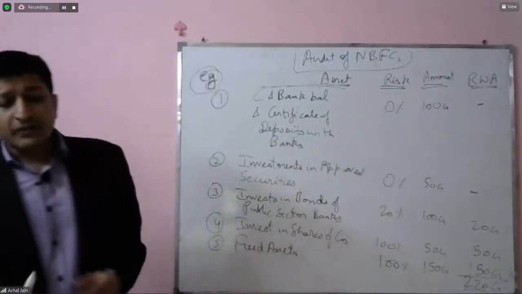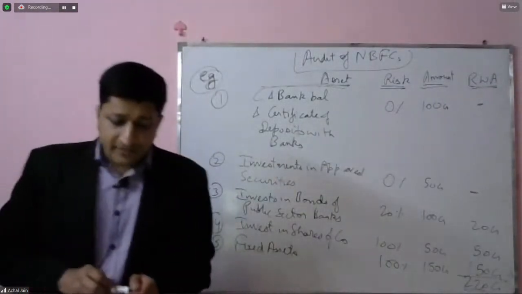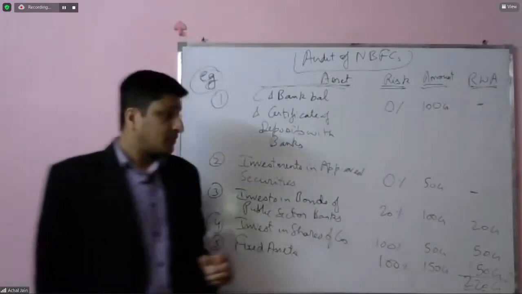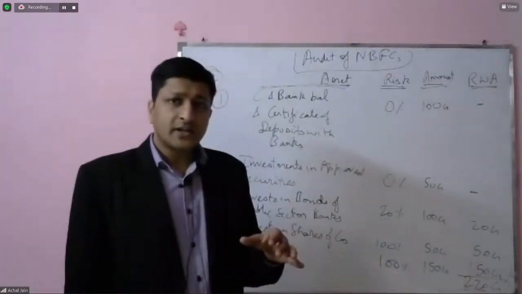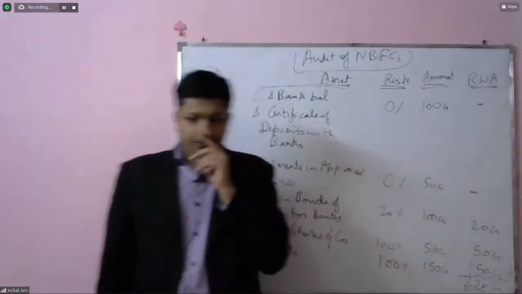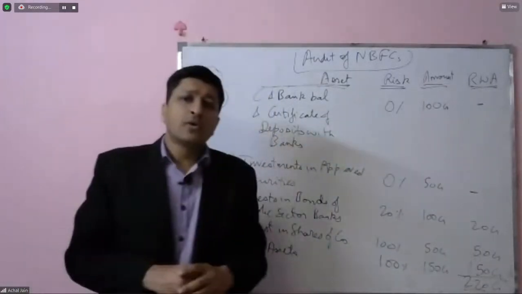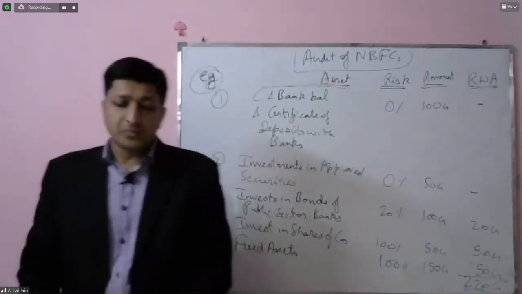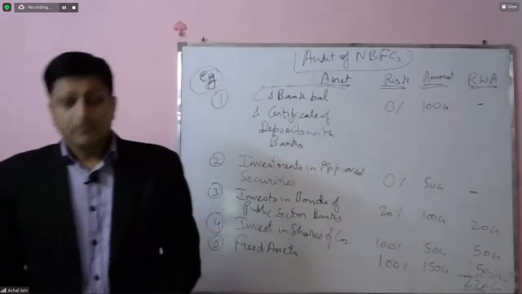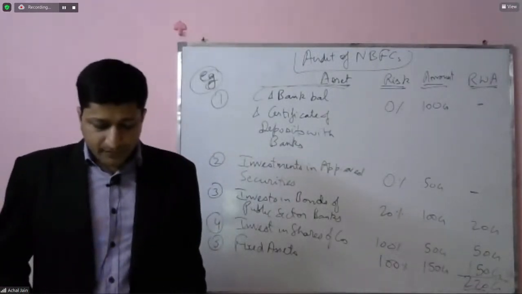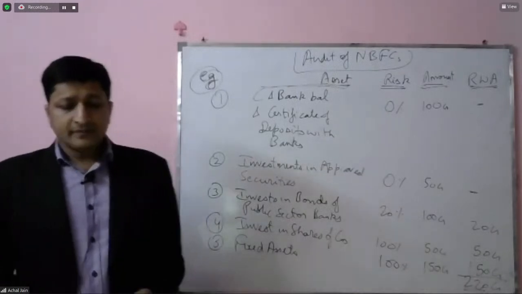So whatever be the value of these risk-weighted assets, a certain proportion, which is currently 15%, should be maintained by the NBFC in the form of their capital. If that goes below, then they will have to ensure that they reach at least the minimum 15%. Clear on this regulation? Clear on this criteria?